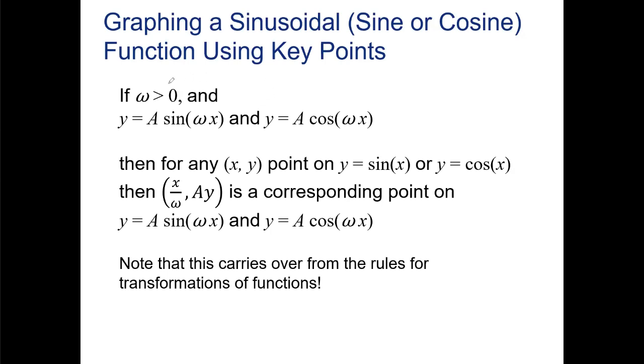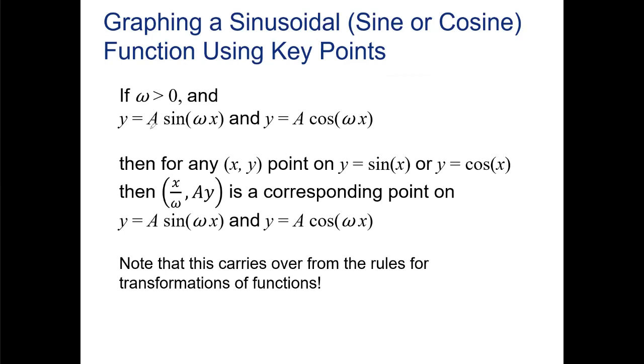All right, so we need omega to be greater than 0, but we know how to do that because if omega was less than 0, we can just remember that a sine of -x is equal to a negative sine of x. Remember that odd function property? And a cosine of -x comes back to a cosine of x. So if omega is negative, we can always make it positive by using one of those two identities.